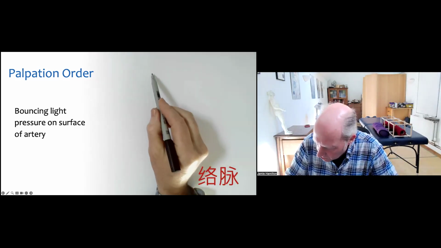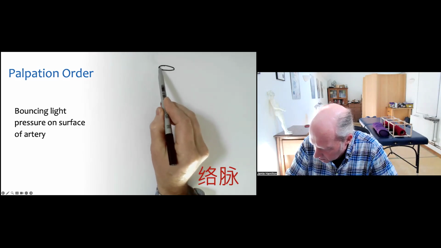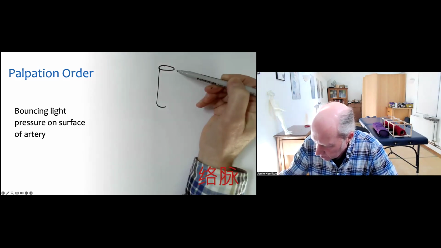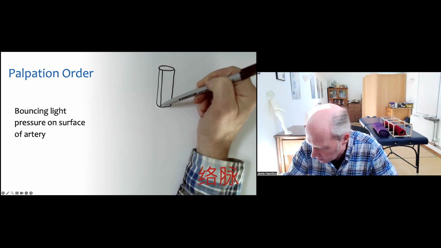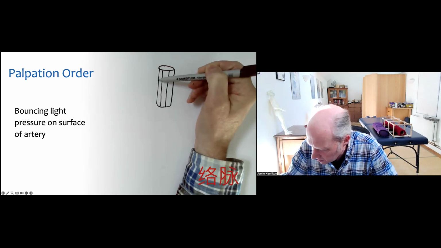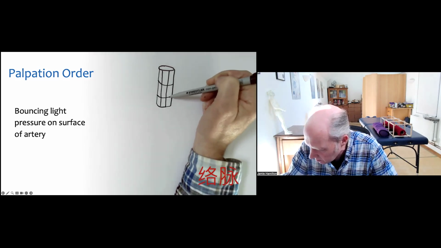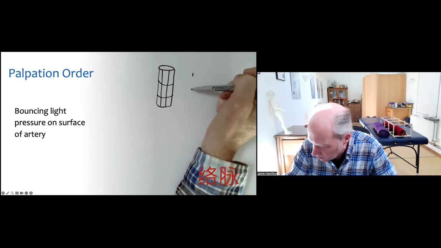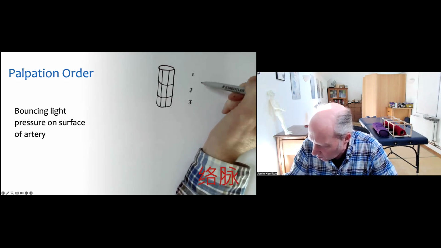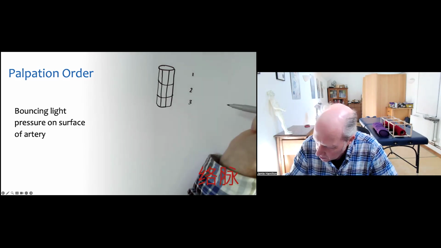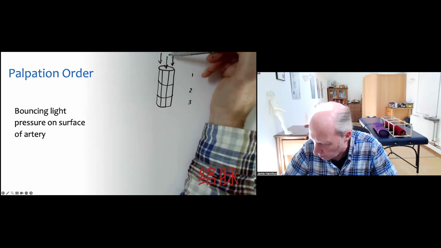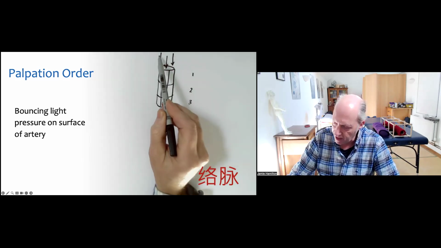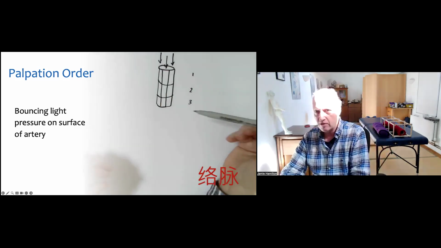So before I drew this diagram of an artery, and just to remind you, then we divided it into 9 sections. These are all the places you can palpate with 3 positions, 1, 2, and 3, or Cun, Guan, and Che. And then you have 3 lines that you could be talking about: the middle, and then the outside, and then the inside.